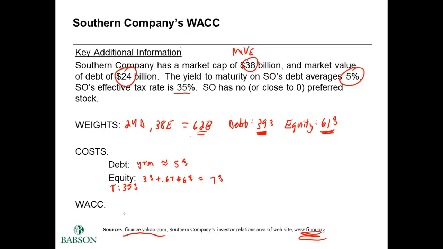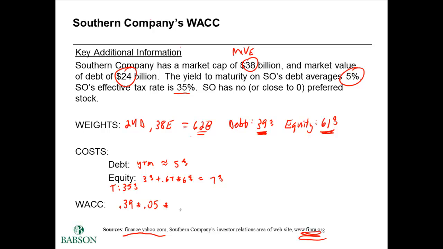We take our debt percentage of 39% times our cost of debt, 5%. But we also have to recognize that that 5% is on a pre-tax basis, and we get a tax discount from the interest that we pay.